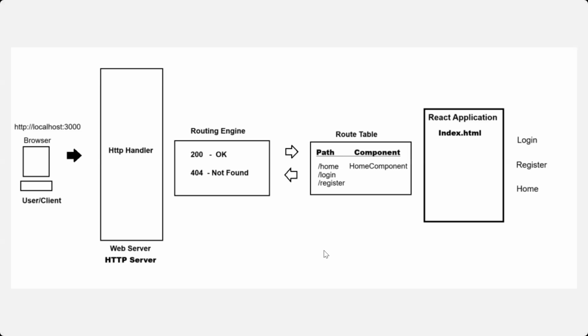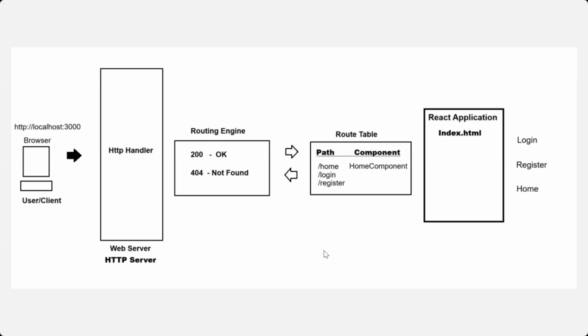It verifies the request and it will pass the request to the routing engine. Routing engine will verify whether the requested path is available in the route table. If it is available in the route table, then it will load the component and it will send it as a response to the client. This high level basic reference I already explained.